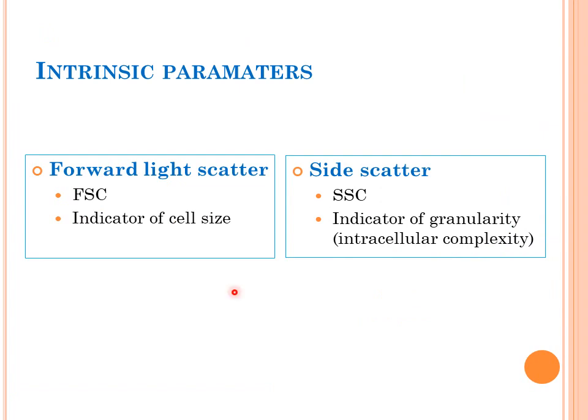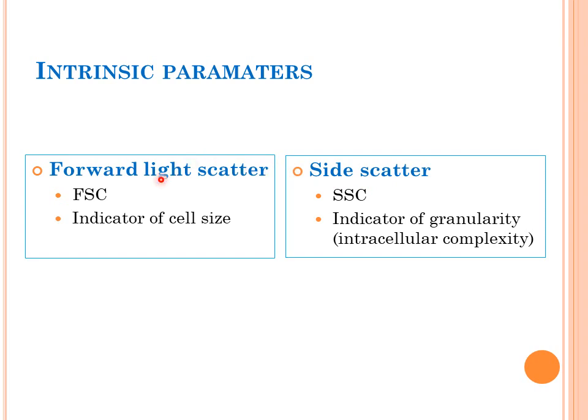In the previous slides, you might have noticed that we're going to measure both intrinsic parameters and extrinsic parameters of our cells in solution. Our intrinsic parameters are forward light scatter and side scatter. In other words, where I showed you where the detector is directly opposite the laser, or whether it's to the side.